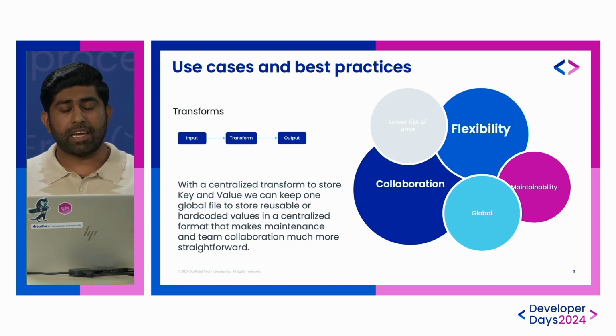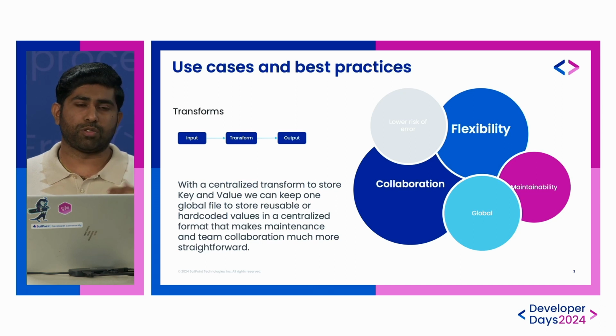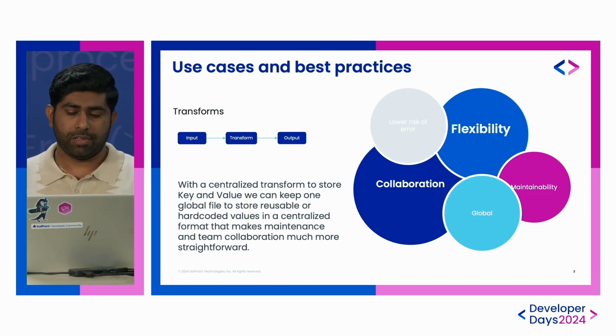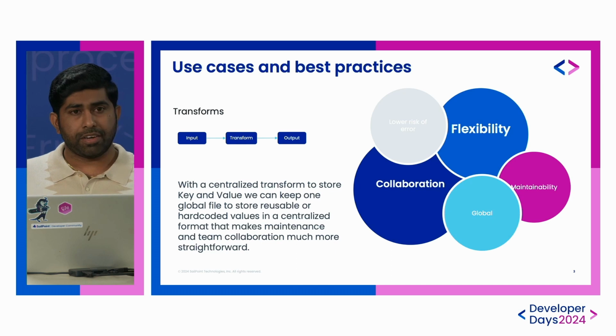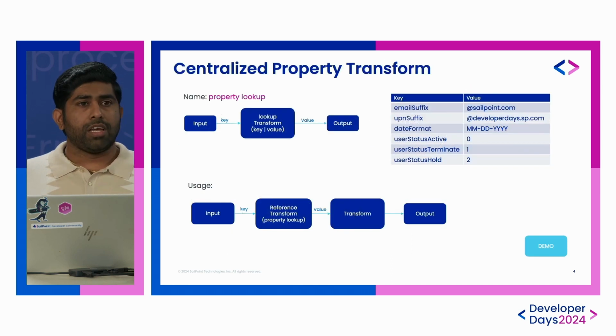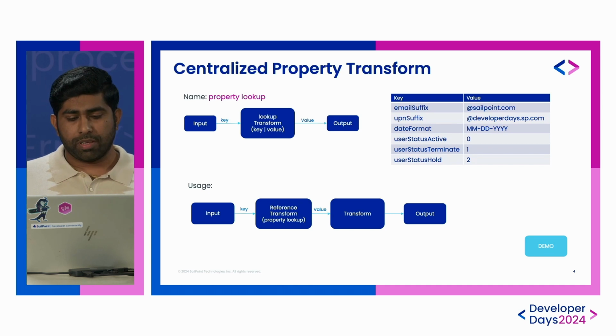In the next slides, I'll be discussing two possible ways to have one centralized property file. The first way is using the lookup transform, and the second way is using the source as a property store. Let's get started with the first approach. In the first approach, you will have a property lookup, where you store all your key-value pairs.